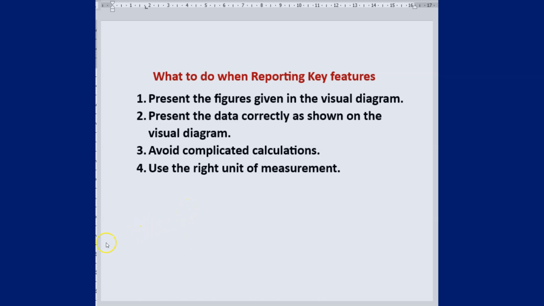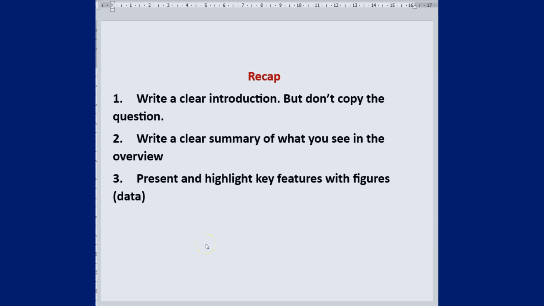All right, let's have a recap on what we have learned here today, and then we can finish this particular part of the lesson. To recap, remember these 3 things and you'll be on your way to achieving a high band score within the academic writing task 1. First, write a clear introduction and don't copy the question.